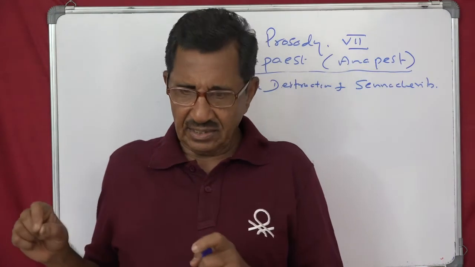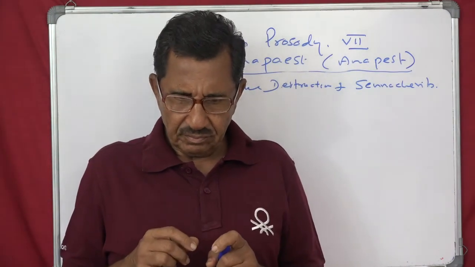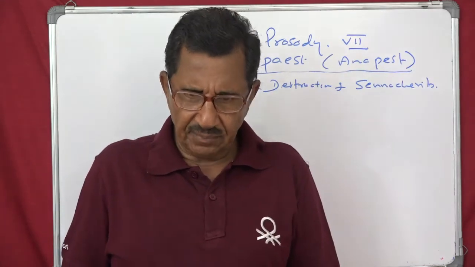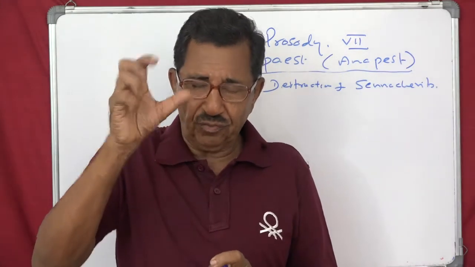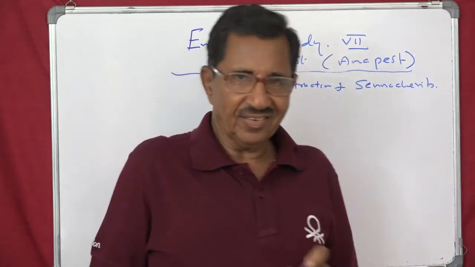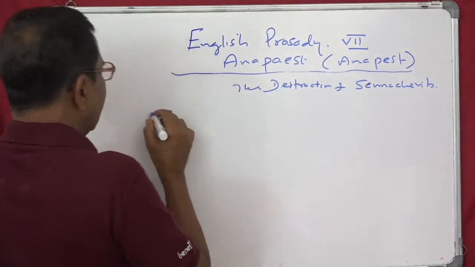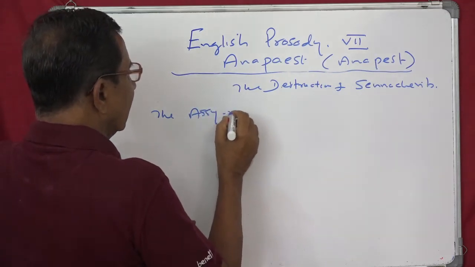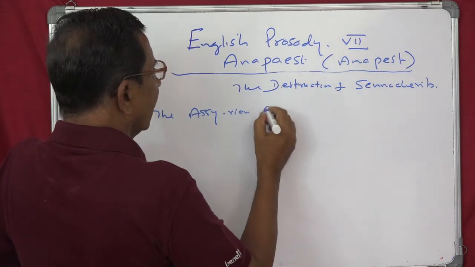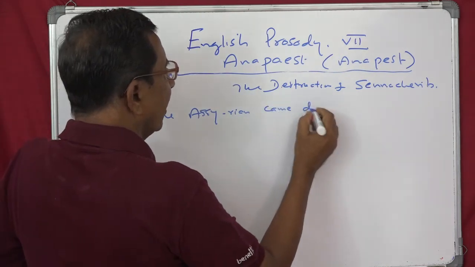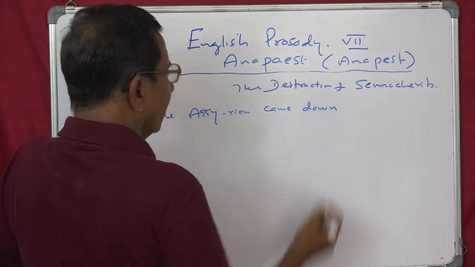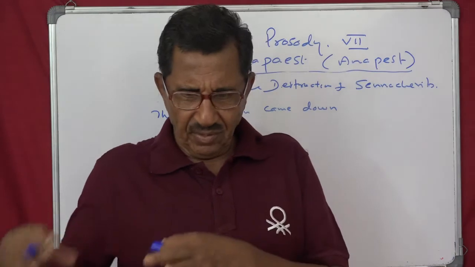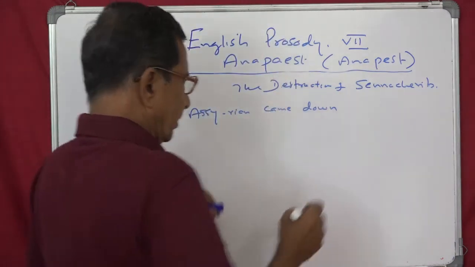His line is like this. The Assyrian came down like a wolf on the fold. Very famous line. The Assyrian came down. The Assyrian came down like a wolf on the fold.